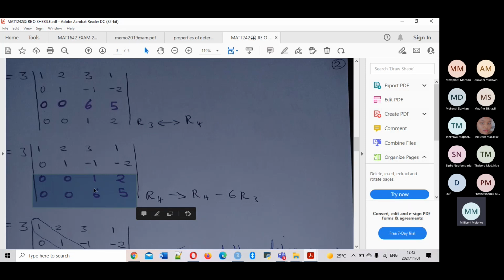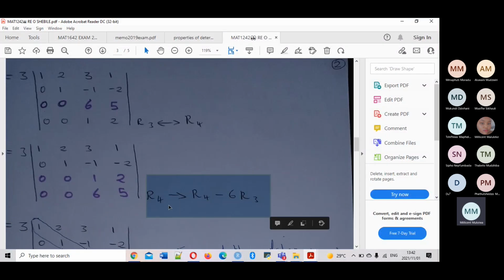So now we must make sure that where there's a 6, we have 0. So we apply this row echelon form: row 4 is given by row 4 minus 6 row 3. Why 6 row 3? Because those two numbers won't change. You must first check those numbers.